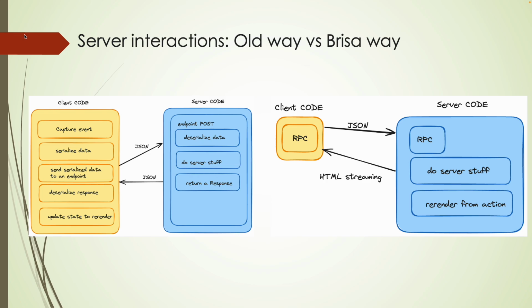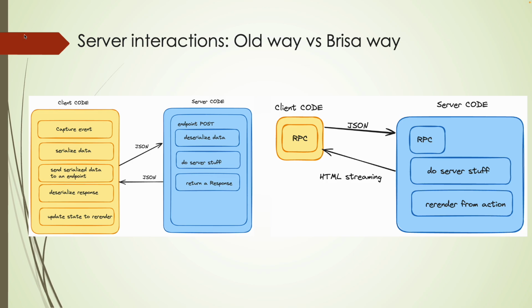This is an example of server interaction in Brisa, compared with the traditional way. In order to handle this server interaction, you are probably very familiar with the first image: you need to write JavaScript client code in order to capture the event, then serialize this data, then send this serialized data to an endpoint.